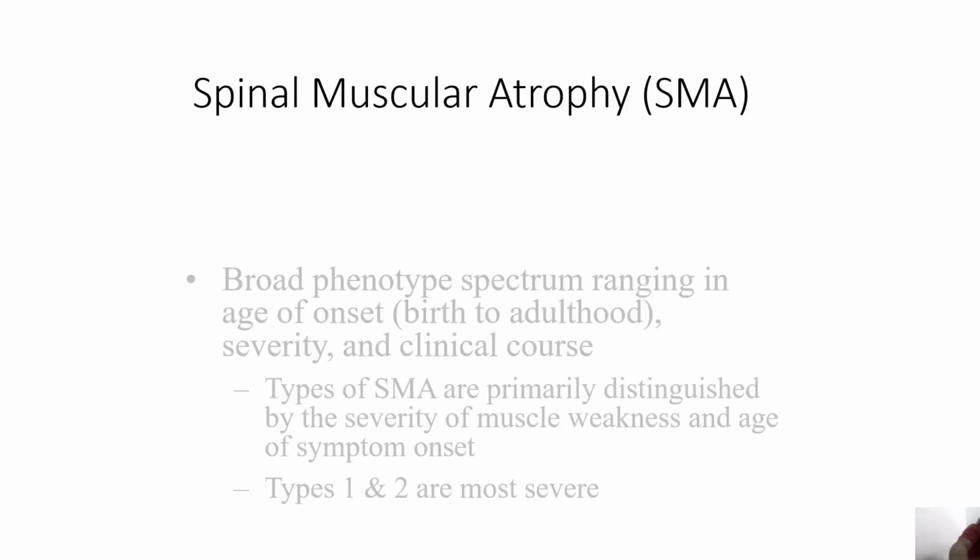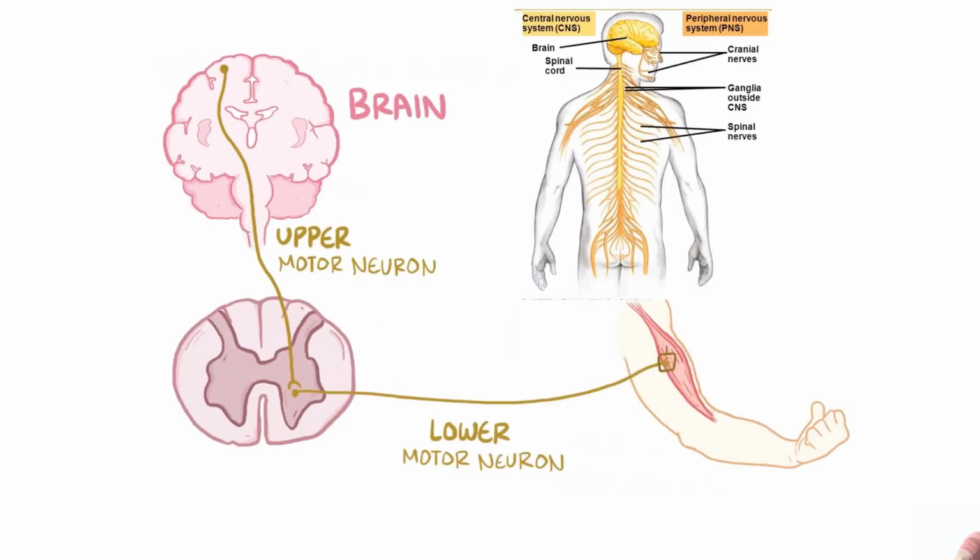Okay. So spinal muscular atrophy is basically a broad phenotype spectrum ranging in the age of onset, like birth to adulthood, and severity of clinical course. So types of SMA are primarily distinguished by the severity of muscle weakness and age of onset. Type 1 and 2 are more severe.